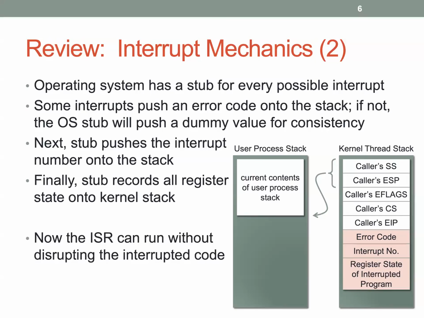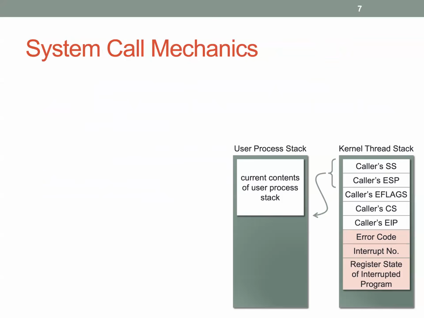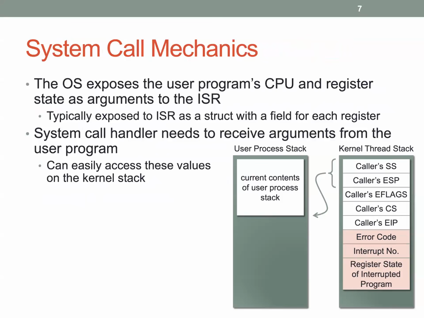Now the interrupt service routine can run, and of course that is exactly what it does. Now the information that is on the kernel thread stack is exposed into the interrupt service routine. Many of you probably noticed this as you were working on the first Pintos project.